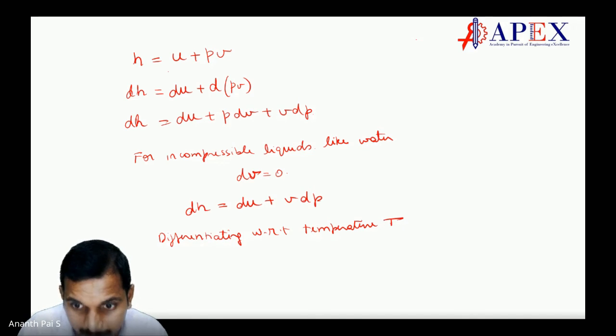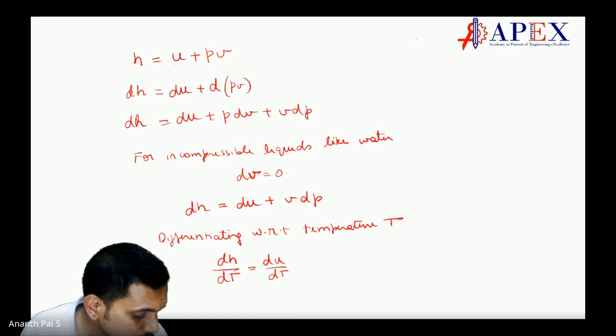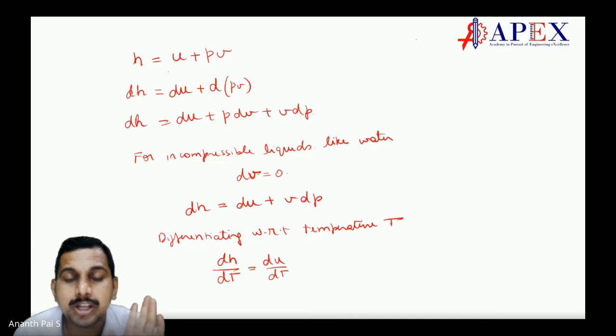Differentiating with respect to temperature T, we can write dH by dT is equal to dU by dT plus VdP, keeping constant pressure.